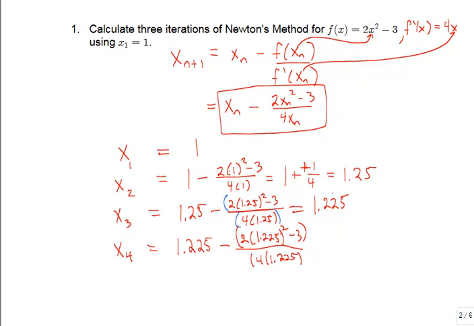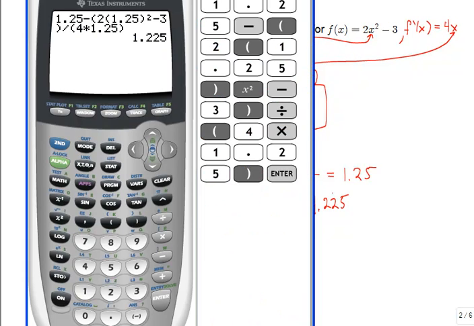Now an easy way to handle this on your calculator is to just go ahead and use this last command that we just typed in, but change all the 1.25s to 1.225s. So the easy way to do that is to use this entry command in blue right above the enter key. So if I do second enter, it just pastes back in that last command that I had.